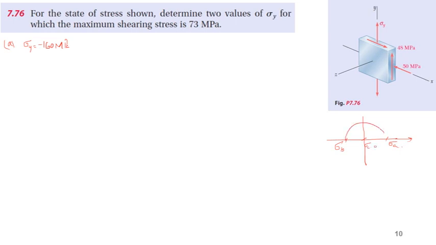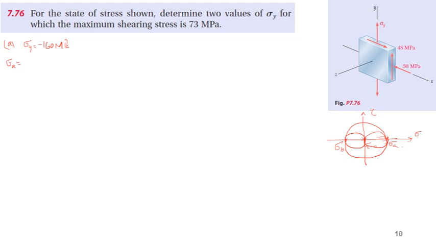So basically for in-plane shear stress, sigma A and sigma B will be non-zero, but one will be compressive and the other tensile, where sigma C is 0. This is the condition whose validity we have to check for sigma y equal to minus 160 megapascal. We have to check the values of sigma A and sigma B. Sigma A must be greater than 0, tensile, and sigma B must be compressive.